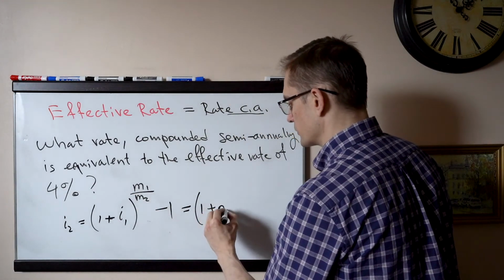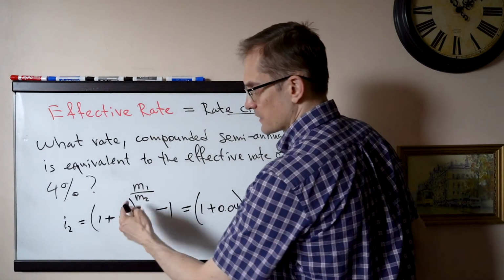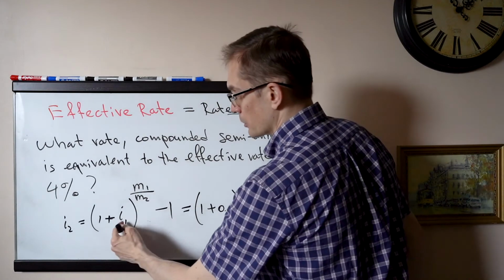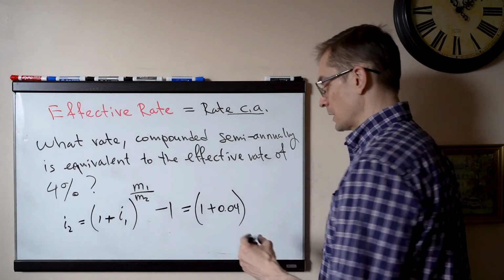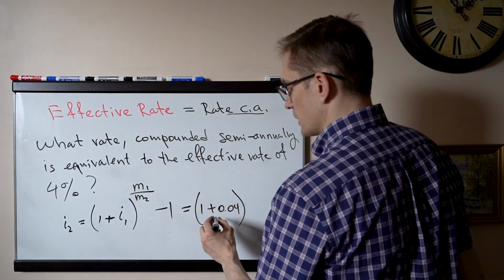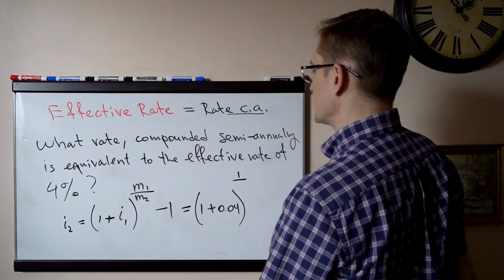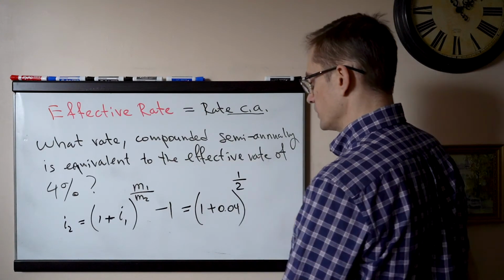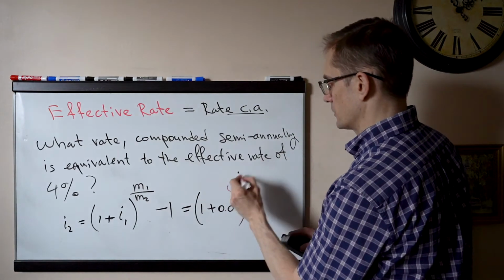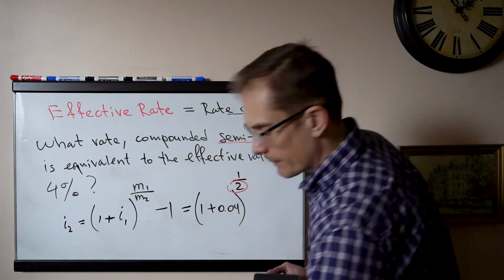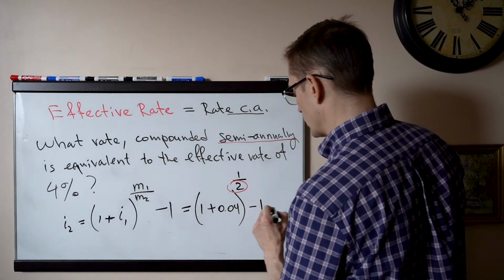So I1 is going to be 0.04 because I'm already aware that I1 is the same as J1. So this periodic rate is actually 4%. And how much is this compounded? One time, right? And how much is M2 supposed to be compounded? 2 times per year, because M2 corresponds to semi-annually. I need 2 here in my M2, and minus 1.